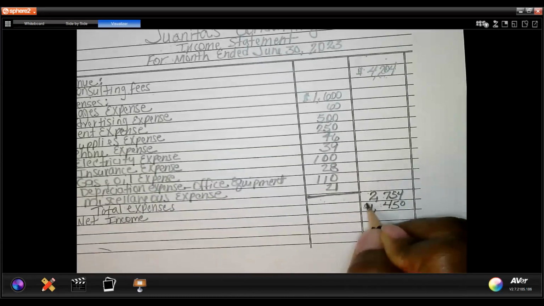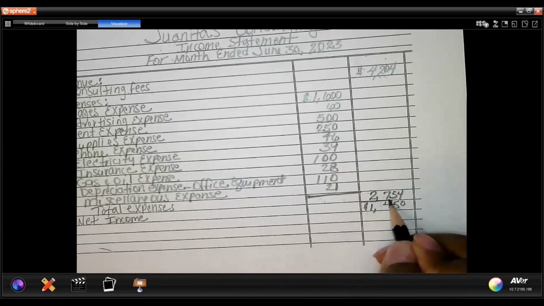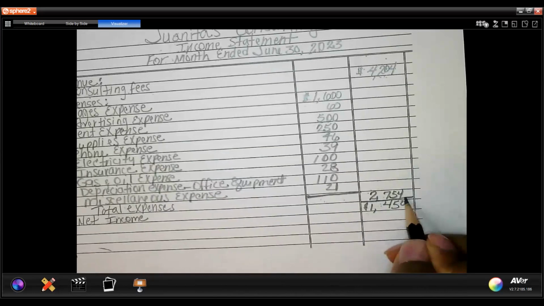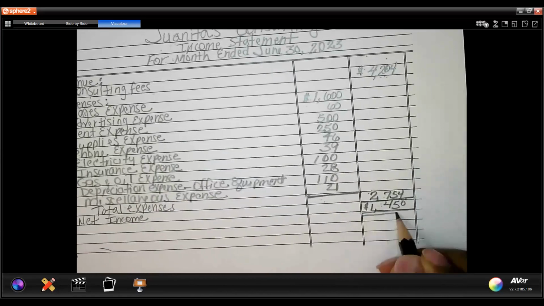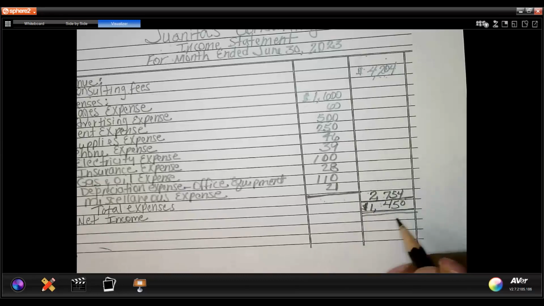And we will include the dollar sign on the balance. Okay, so we'll draw a line here because this is just the balance total for total expenses, but then we will double rule our net income balance along with the dollar sign. Include the dollar sign on the net income.